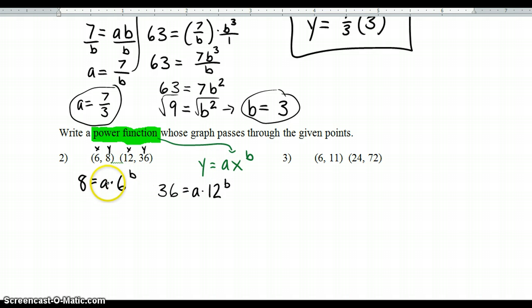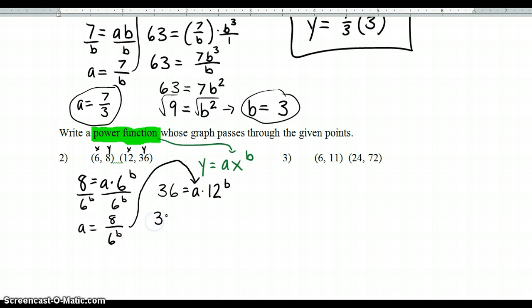Now over here, I'm going to solve for a. In order to solve for a, I have to divide by 6 to the b power. So that's going to give me a equals 8 divided by 6 to the b power. And I'm going to take that a value and substitute it in for a into my other equation.